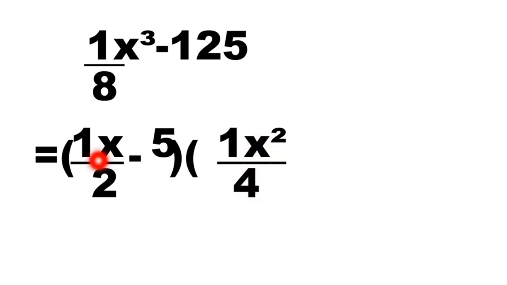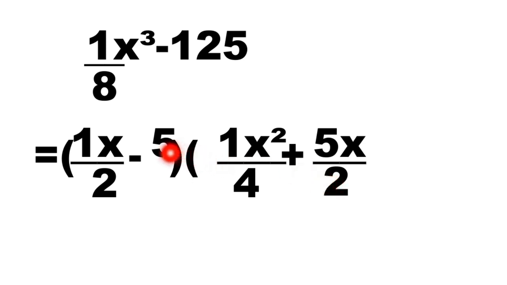Multiplying 1/2 x and 5, we have plus 5x over 2. Then squaring this one is plus 25. So first you get the cube root of this one and this one, and the answer is here. Then square this one to get the first term, multiply this one and this one to get the middle term, and square the last term.